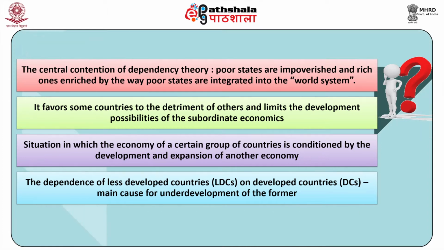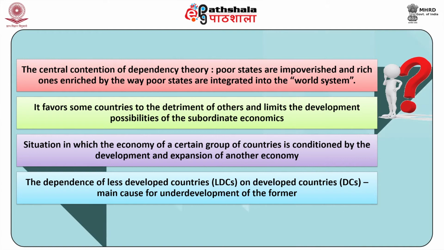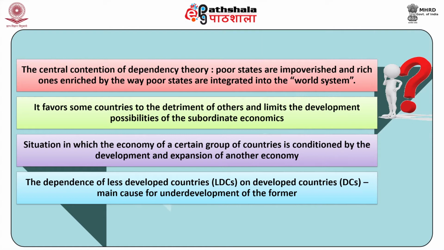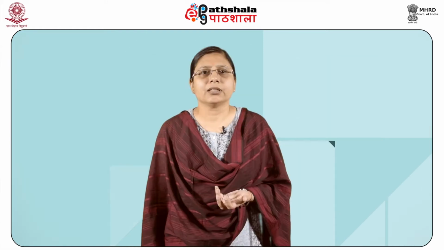This dependency limits the development possibilities of subordinate economies, which are the third world countries, and is a situation in which the economy of a certain group of countries is conditioned by the development and expansion of another economy. Thus, the dependence of less developed countries on developed countries is the main cause of underdevelopment of the third world or developing countries. There are three common features which most dependency theorists share.